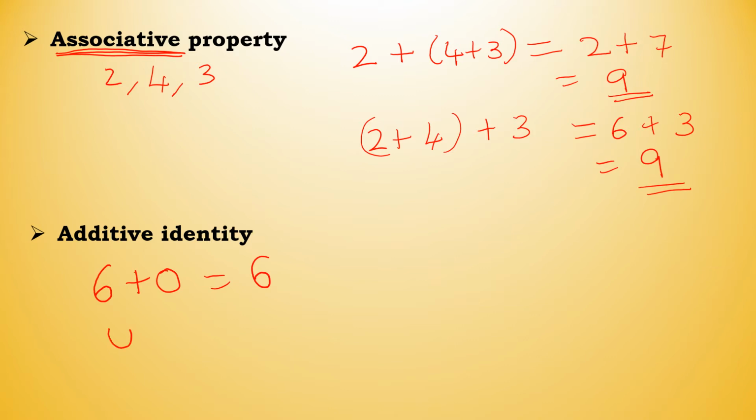If I add 0 and 6, what do I get? I get the same answer 6. Therefore, 0 is called the identity number of addition, or additive identity.